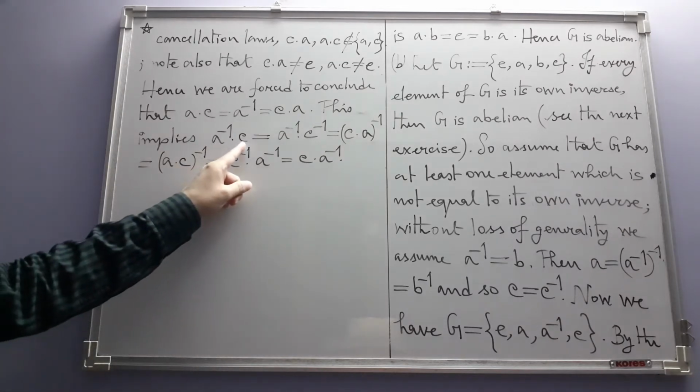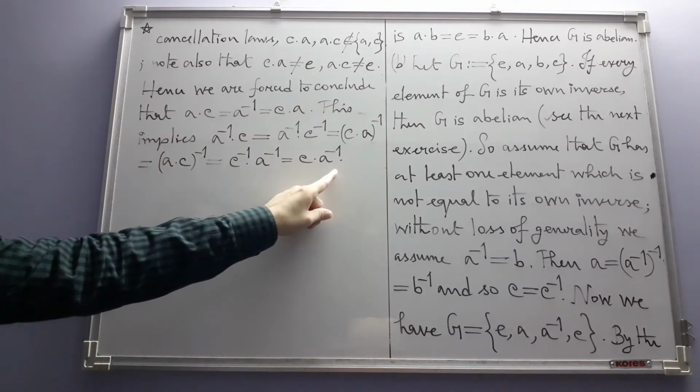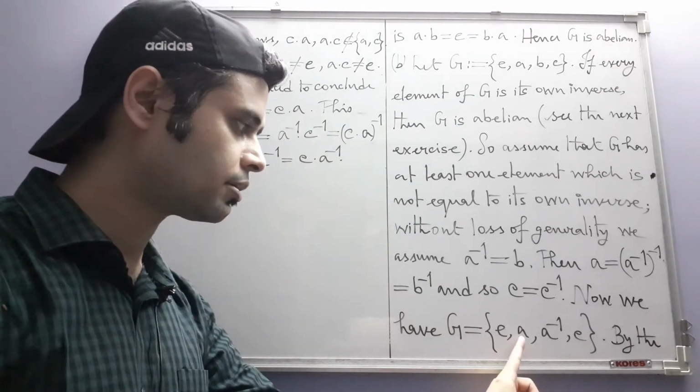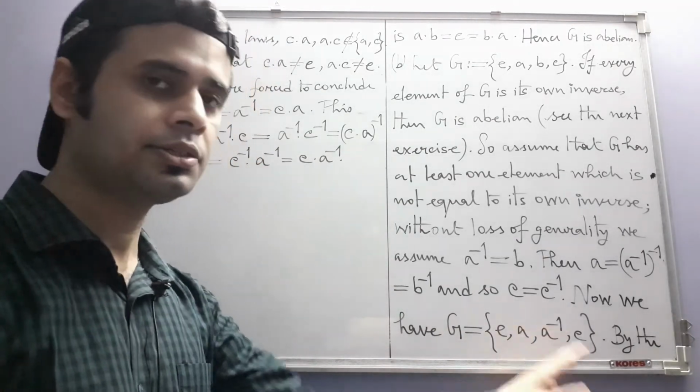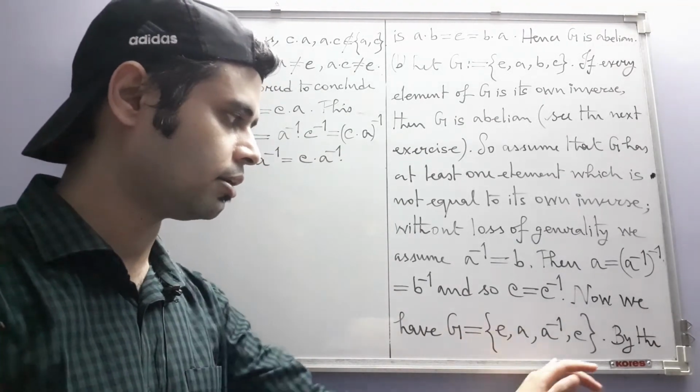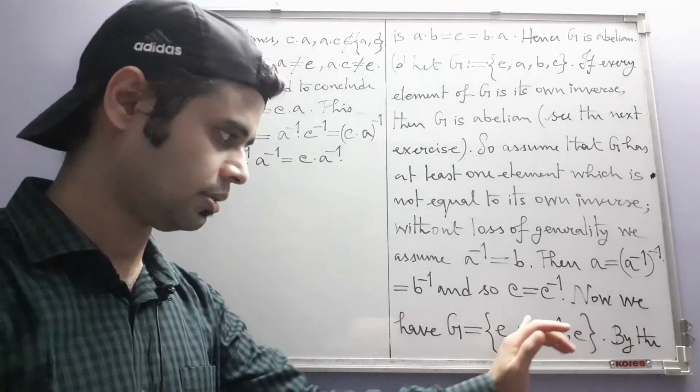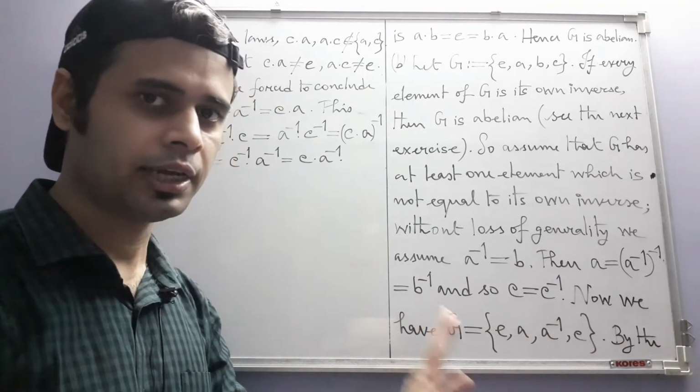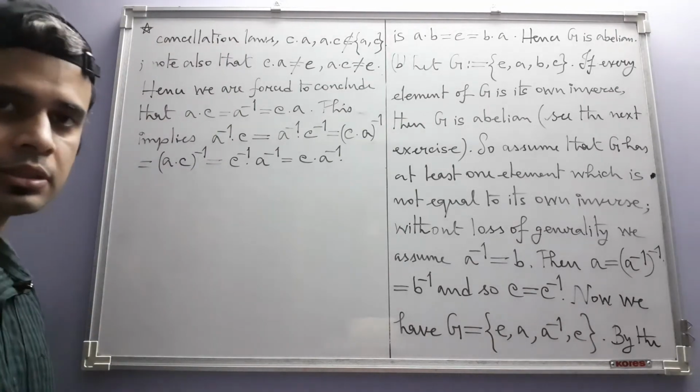So note that C also commutes with A inverse. So we have taken care of the products AC, CA. They are equal. A inverse C, CA inverse. They are also equal. What else is left?